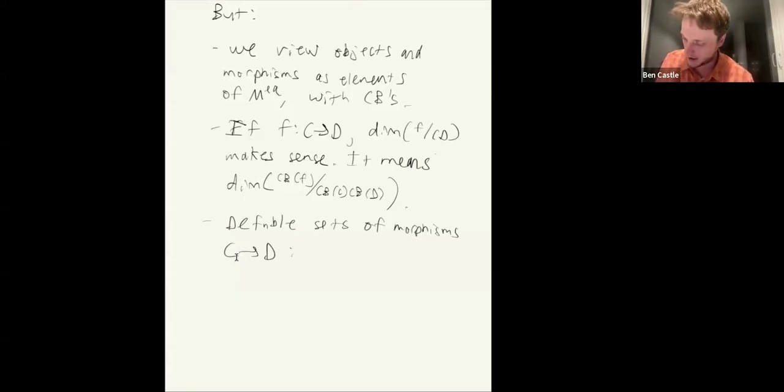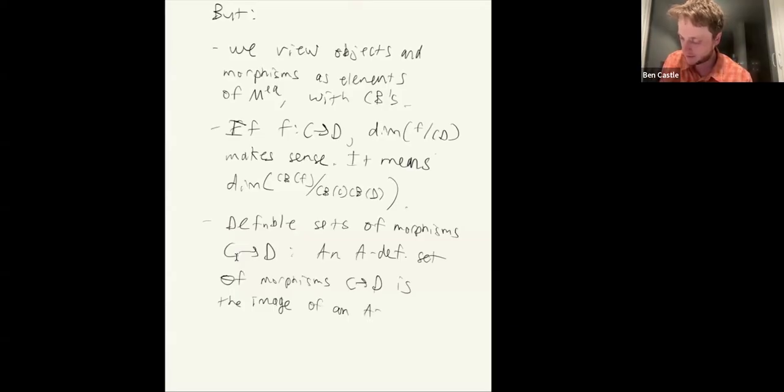So an A-definable set of morphisms C to D is just the image after modding by almost equality of an A-definable set of bijections, say x to y, where x is in C and y is in D. Okay, that's all it means.